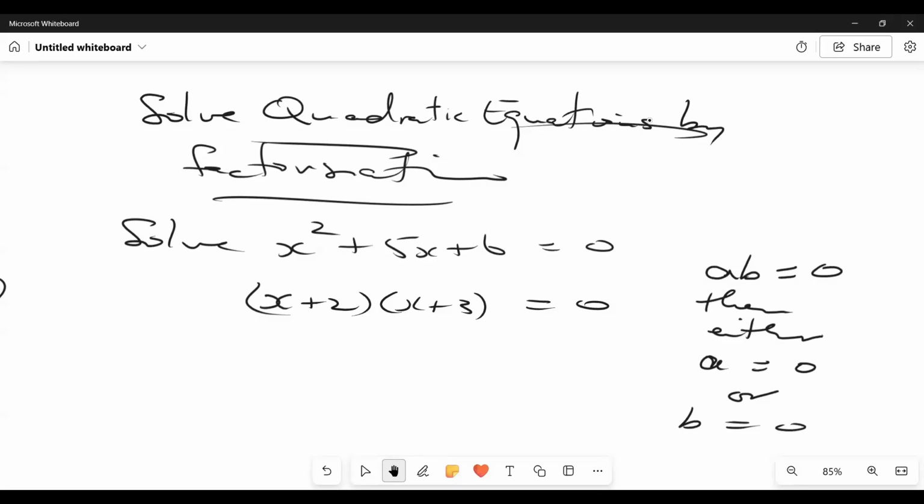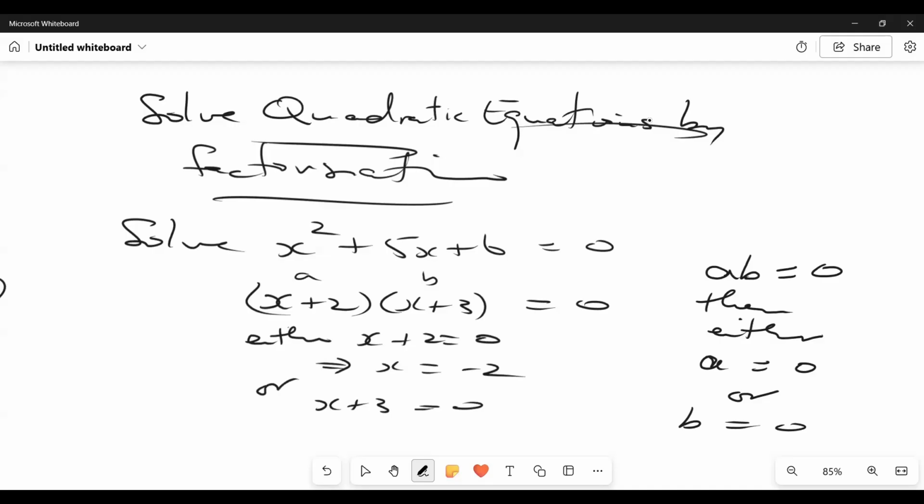Good. We're going to use that same principle here. These two brackets, this is like the a, this is like the b. If these two multiply to be 0, then either x plus 2 equals 0, and if that is so, x equals minus 2, or x plus 3 equals 0, which implies that x equals minus 3.